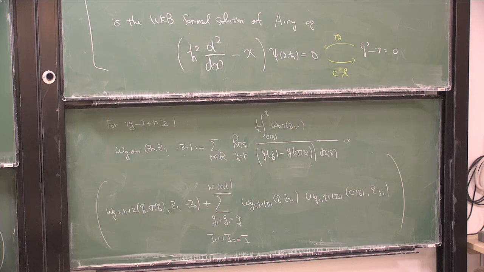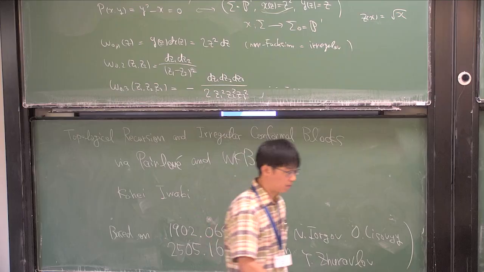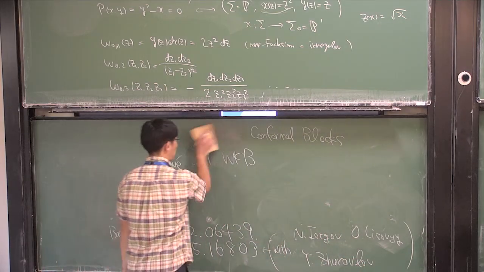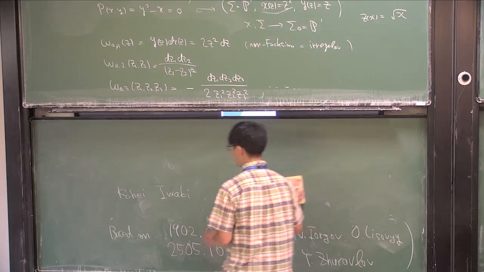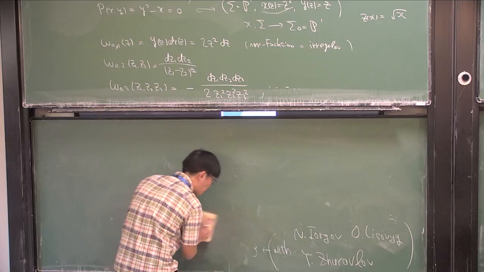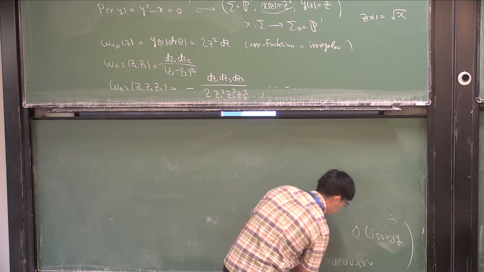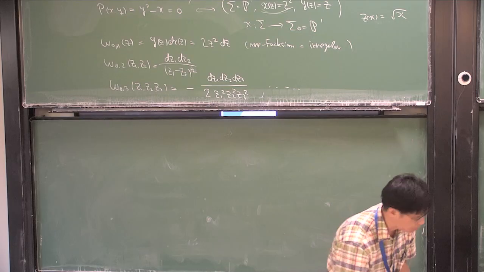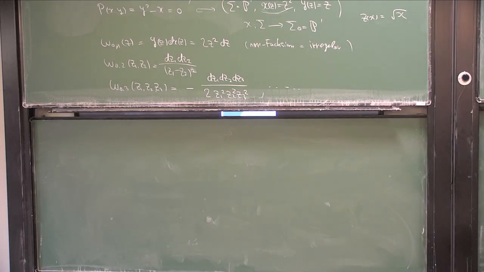By the way, before going to another example, let me make one remark. As I explained, this is divergent in general, so this is just a formal solution. This Schrödinger type of operator is called a quantum spectral curve.